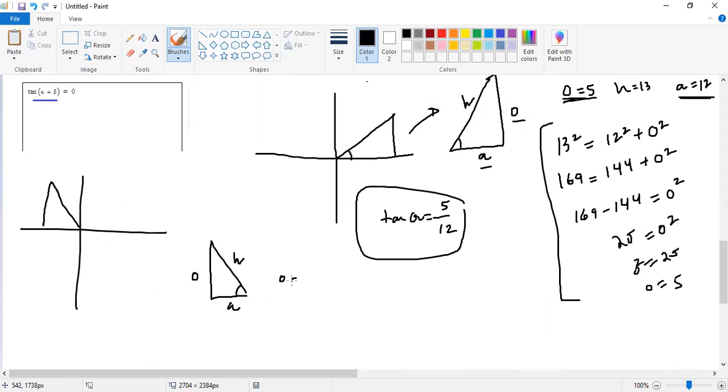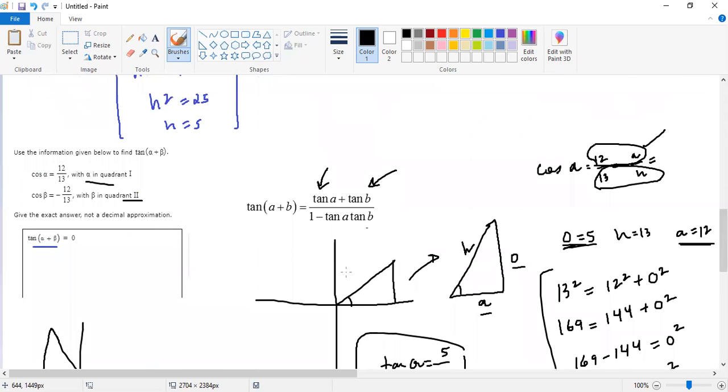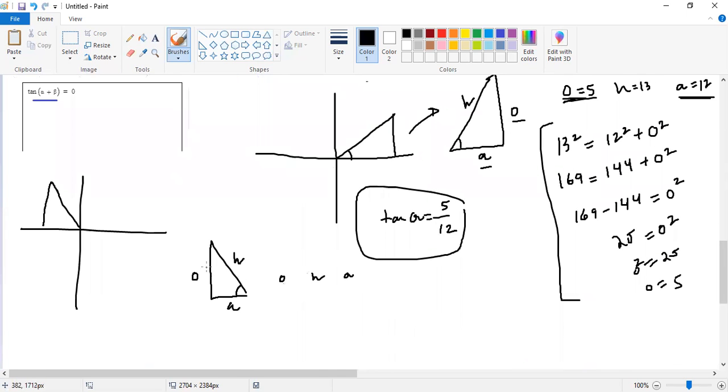So we have O, we have H, and we have A. Now, in this case, our X value will be negative. We want to keep that in mind. And our Y value will be positive because we're in the second quadrant.